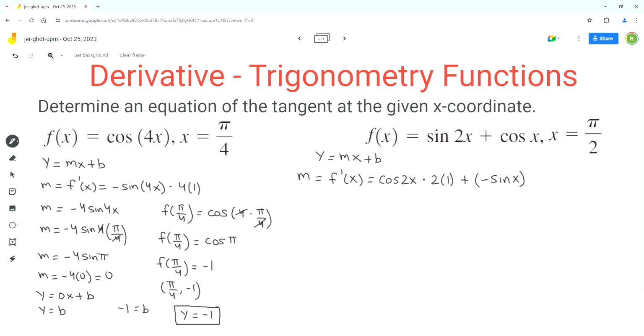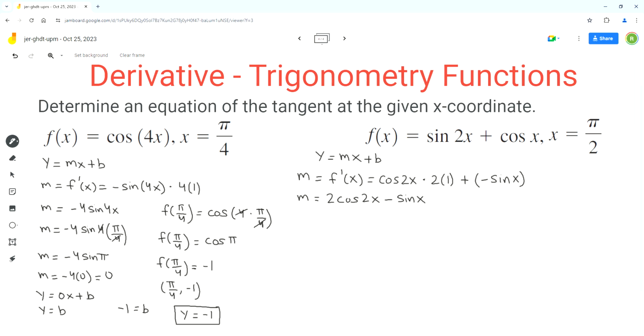Now we can simplify this expression. So 2 times 1 is 2, and 2 times cos 2x will be 2 cos 2x, and then minus sine x.